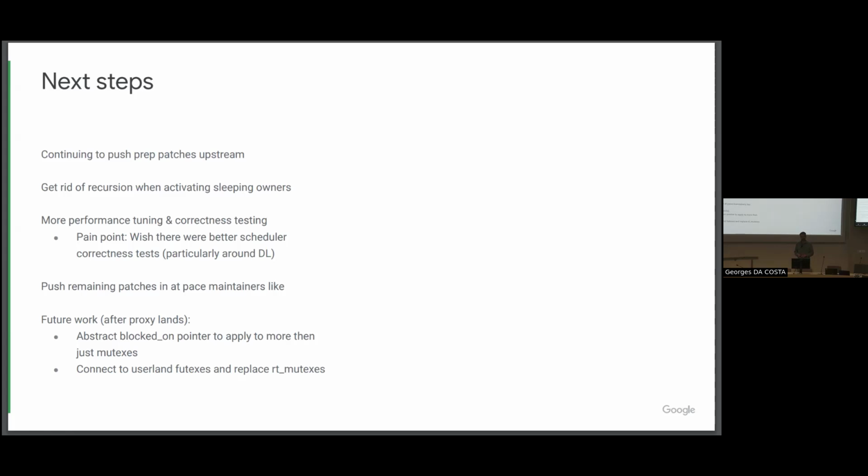Especially for stuff like deadline, you have very well-defined semantics. So you should have very well-defined test cases to validate that this actually works and does what it claims to do. So pretty please.